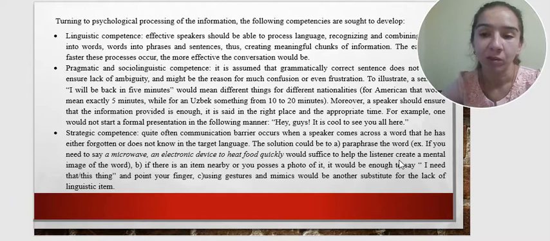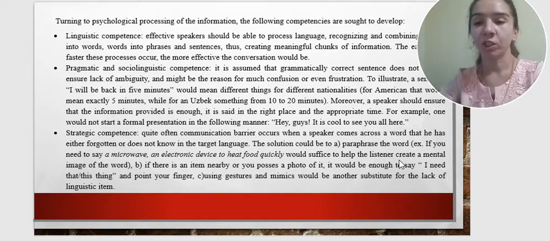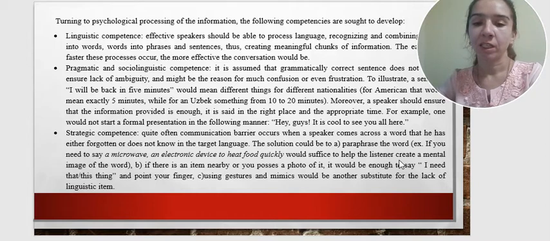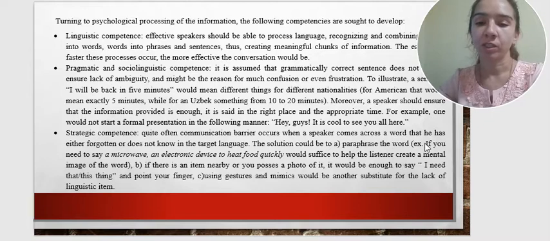But this is a bit difficult one because again, different gestures and movements could mean different things in different cultures, so the speaker should be very careful. But basically there are these three main strategies to develop strategic competence and overcome those difficult situations in real life situations.